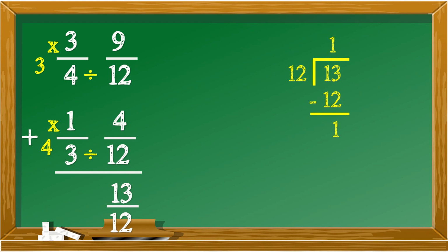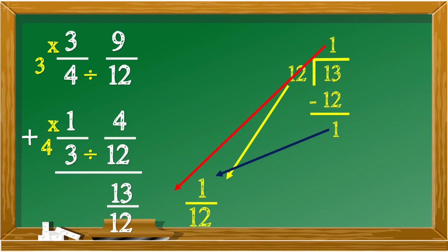So to create a mixed form, 12 will still be our denominator and our numerator will be the remainder, 1. And our whole number will be the quotient, 1. So we now have 1 and 1/12 as our answer.